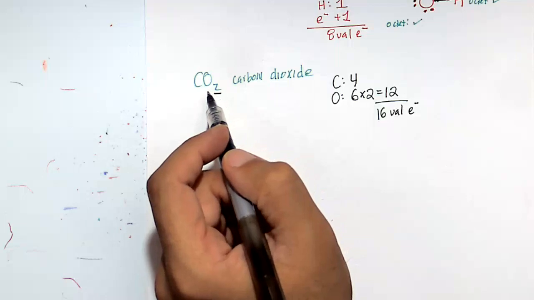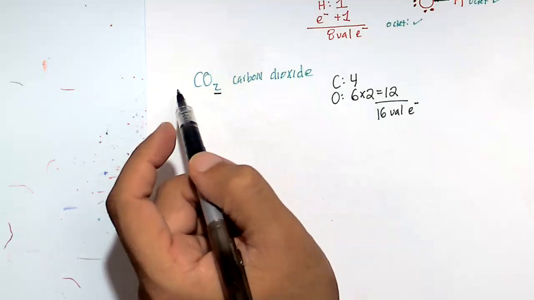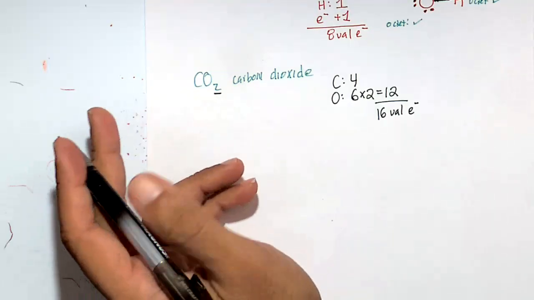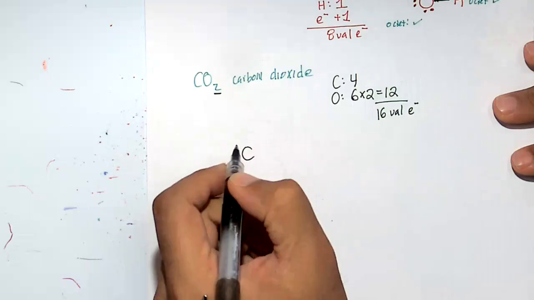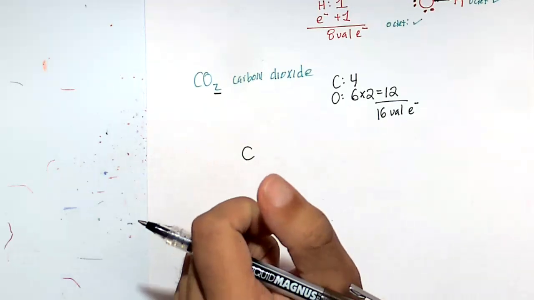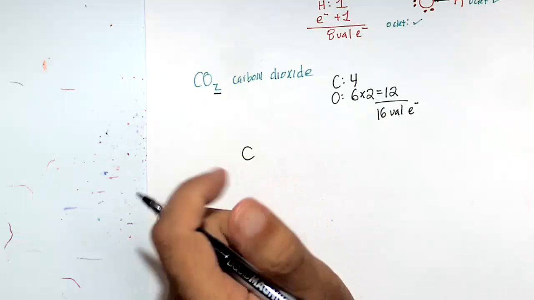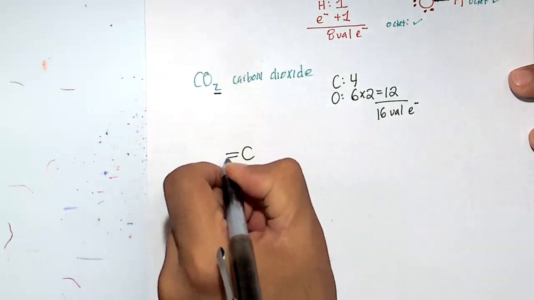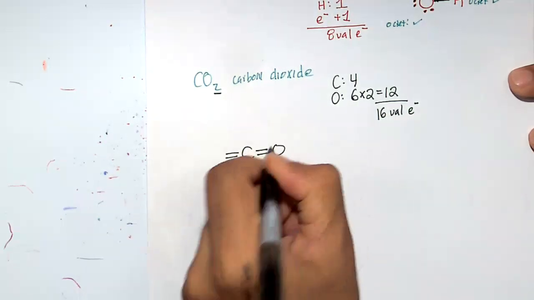I don't know which oxygen is center. So, carbon. Okay, now what? Carbon loves 4. Like life or death, carbon has to have 4. So how will it get 4? Yeah, okay. 1, 2, 3, 4.